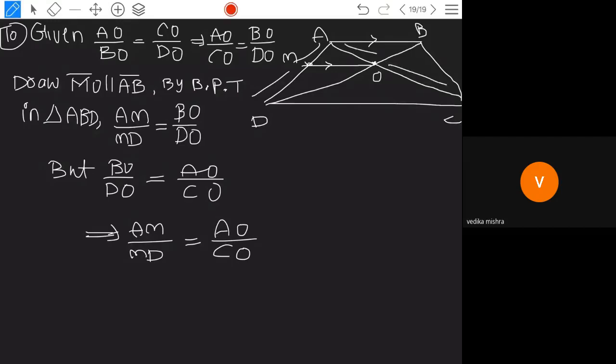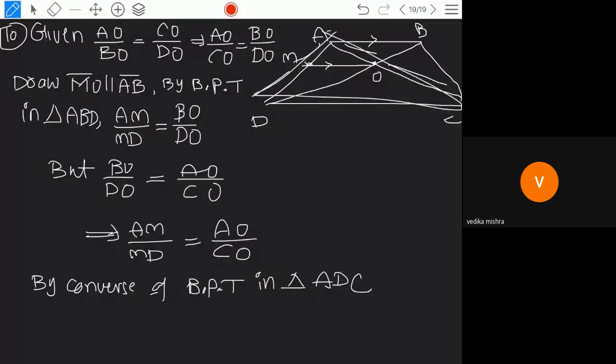So by converse of basic proportionality theorem in triangle ADC, because here AM by MD is equal to AO by OC is given, in this triangle ADC, what can you say?